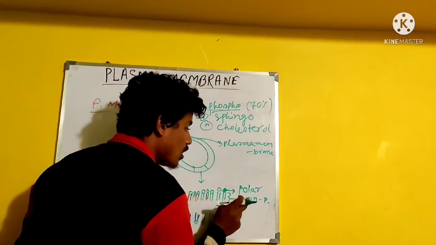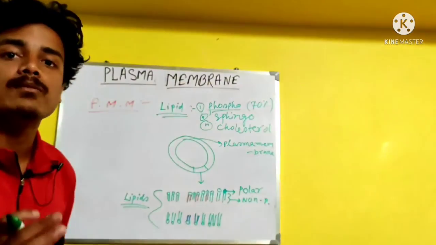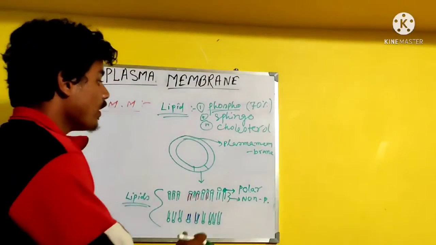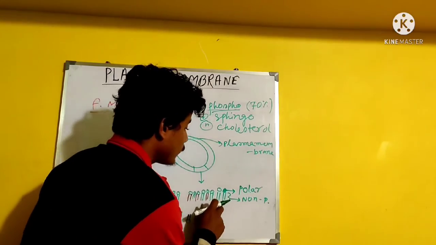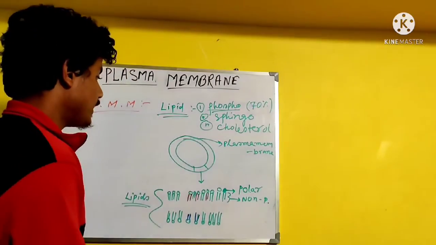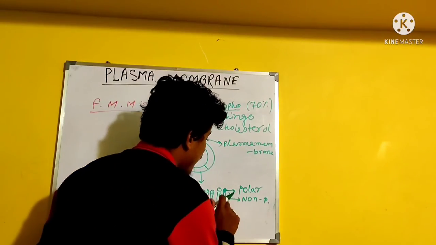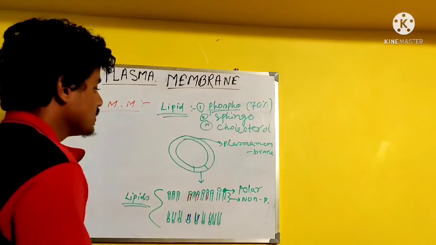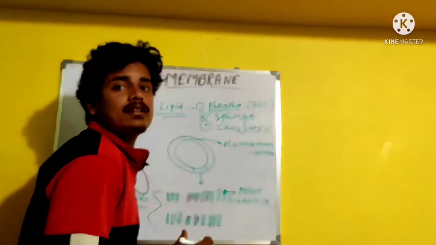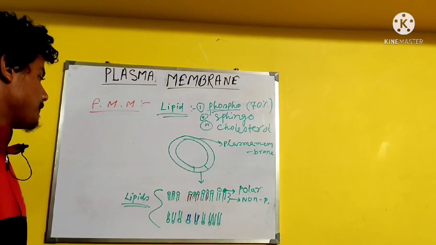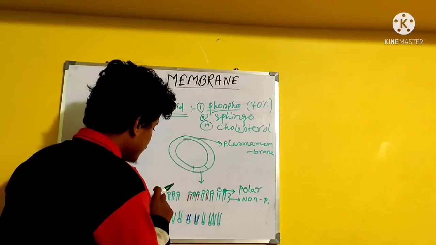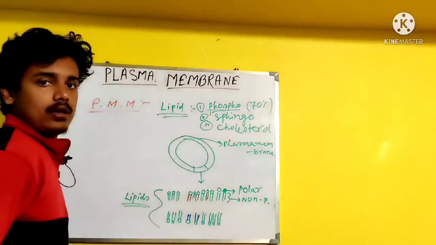And the non-polar part is hydrophobic in nature. When water comes to the hydrophobic part it moves away; this non-polar part does not like water. And this is the lipid part of plasma membrane.